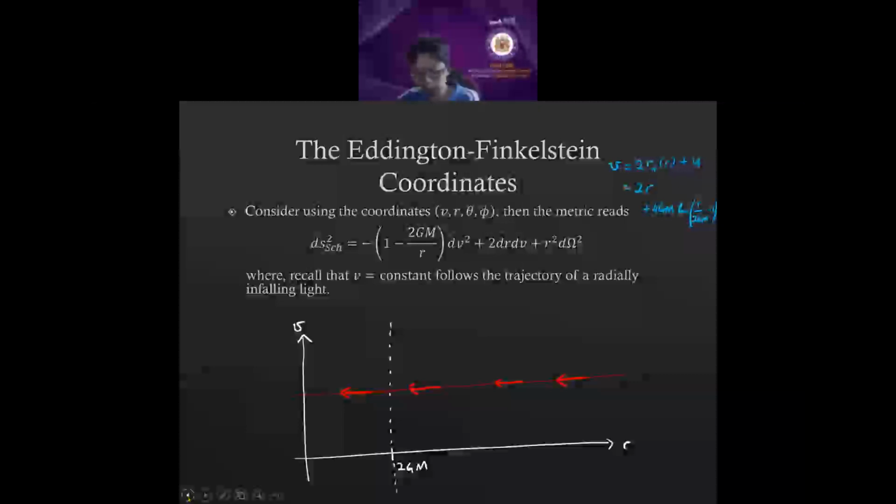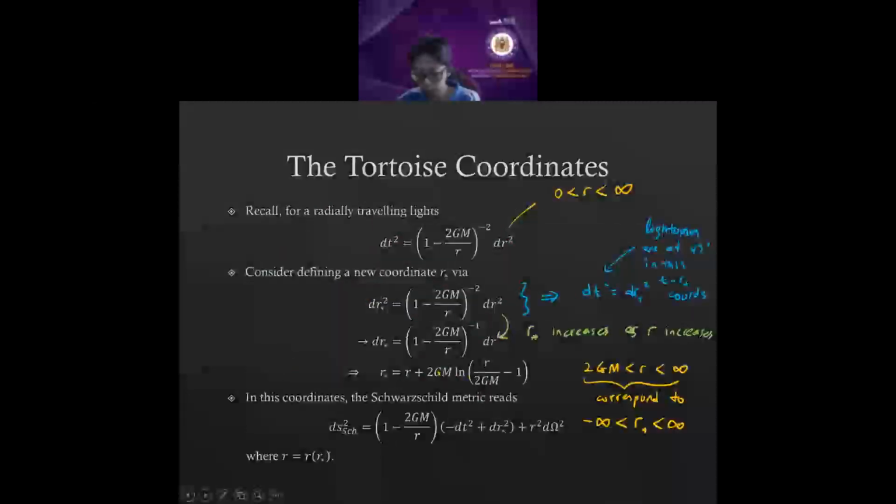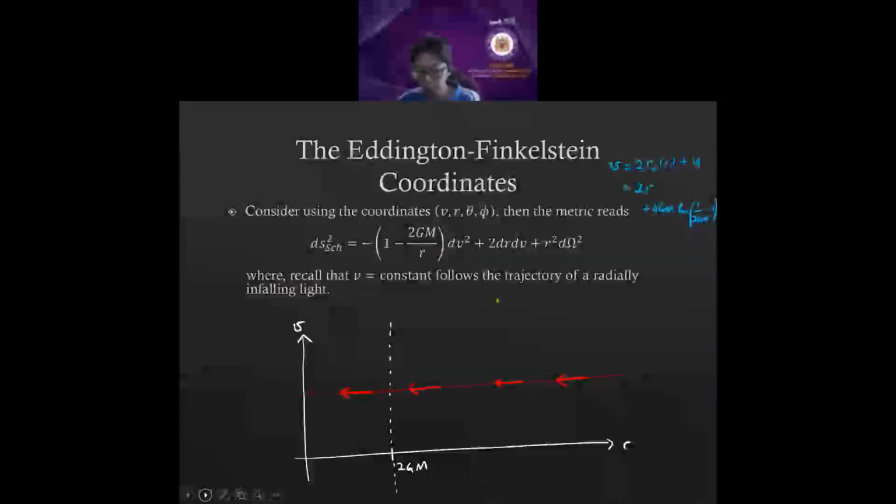You can just take this equation and replace it into our formula, then plus u. And recall that constant u would correspond to the path of light taken by the so-called outgoing light.